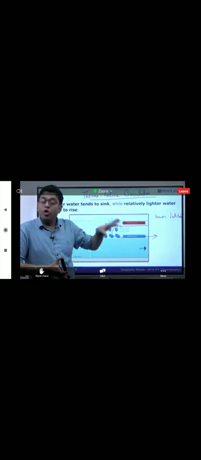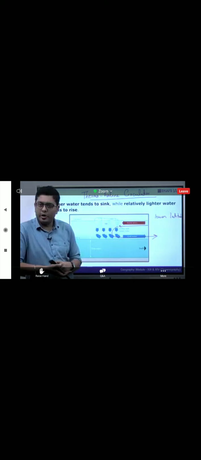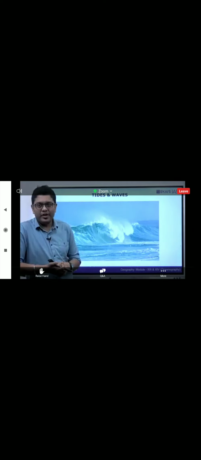More dense water will always be heavier, it will always sink. Lighter or less dense water will always tend to stay on top. Okay, so that creates a base from where we understood what a thermohaline circulation is.